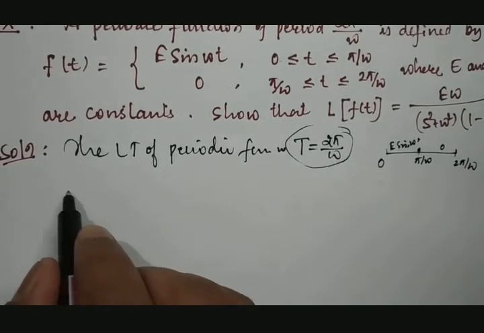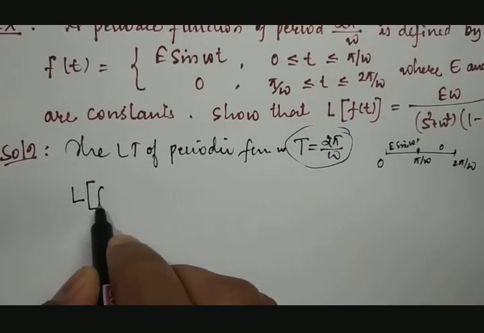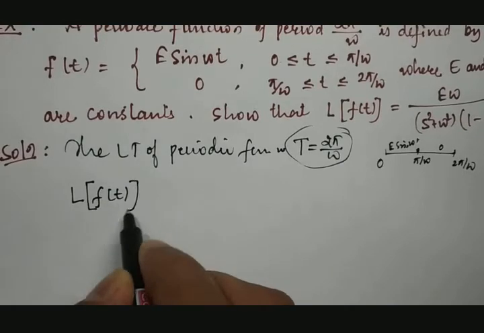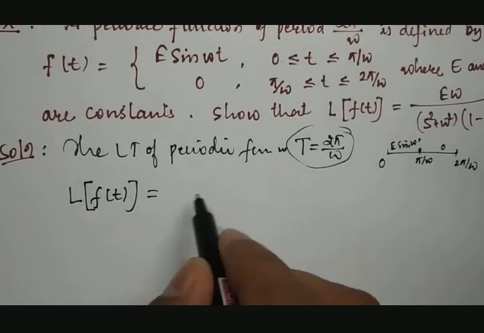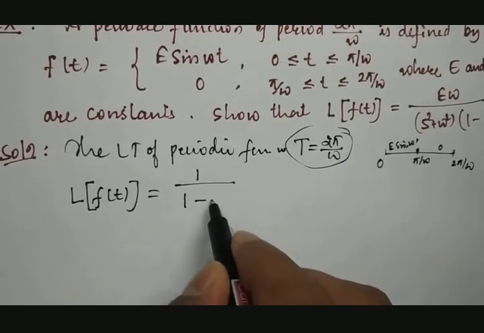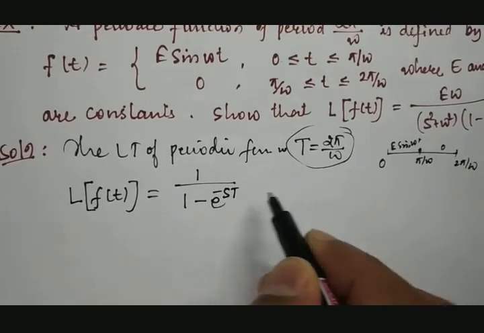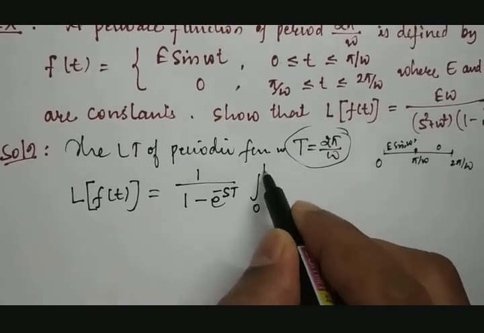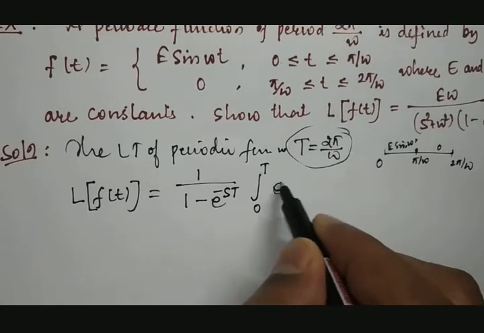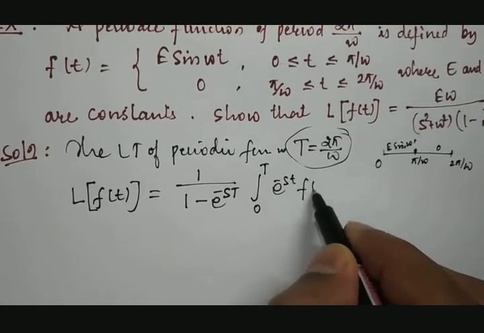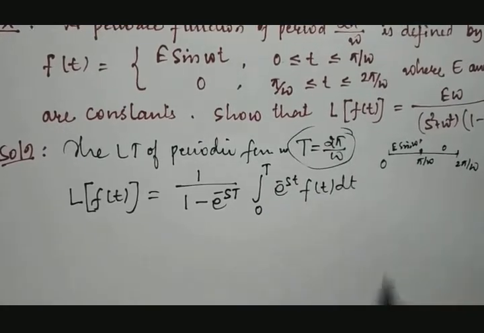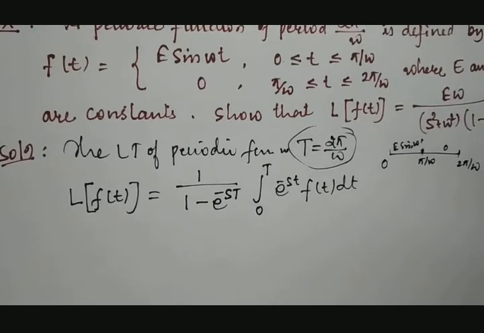What does the periodic function result say? The Laplace transformation of a periodic function says L of f of t is equal to 1 divided by 1 minus e raised to minus sT, into the integration between 0 to T of e raised to minus st into f of t dt. This is the result given.